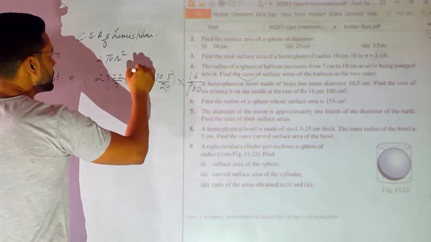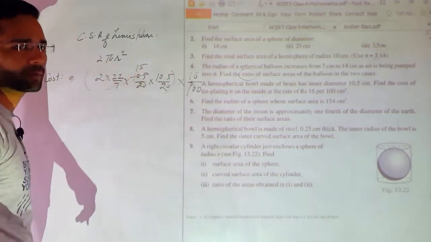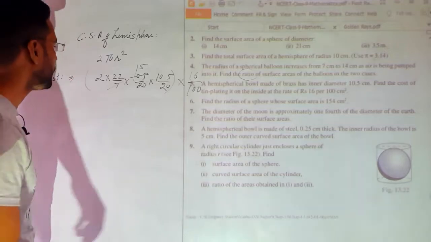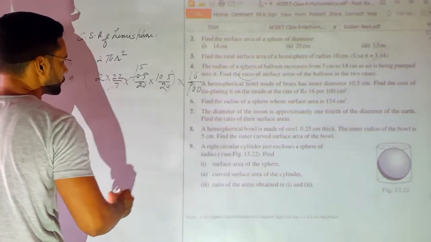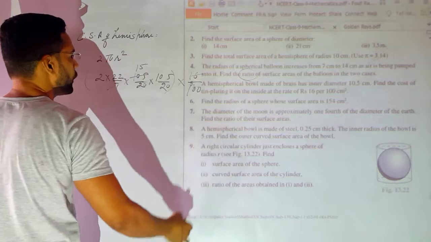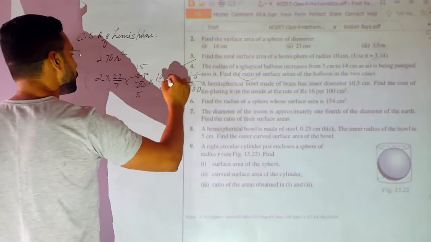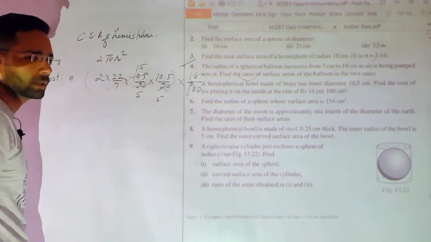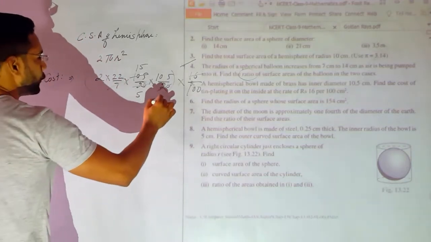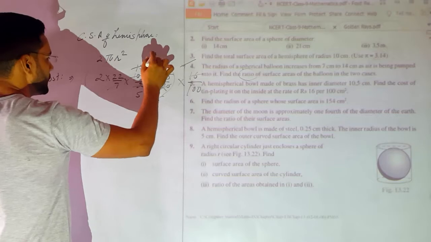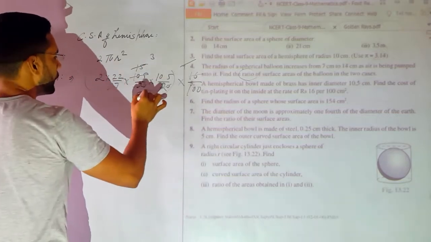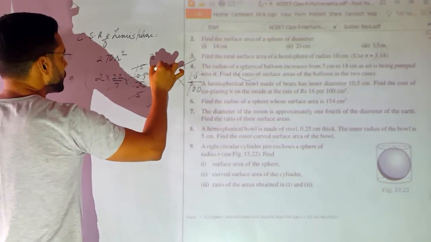7 cancels 7, 7 fives are 35, 15, and now 4 fours are 16, 4 fives are 20. Now 5 ones are 5, 5 threes are 15, and 5 twos are 10.